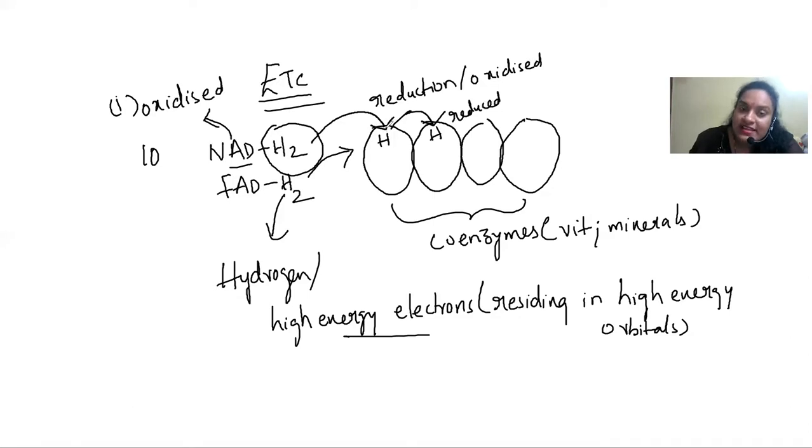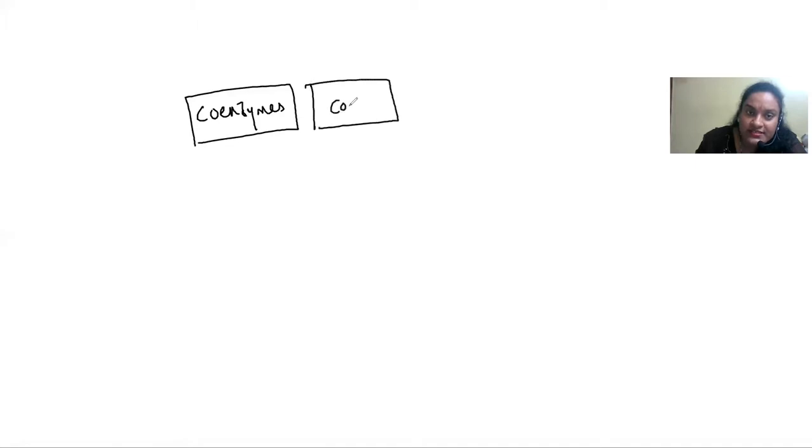While there is a passing of the electrons from one coenzyme to the other coenzyme, this is going to release energy here. So what has happened, children? Let me tell you, we have coenzymes, this is one of the coenzymes and this is another coenzyme on the inner membrane.